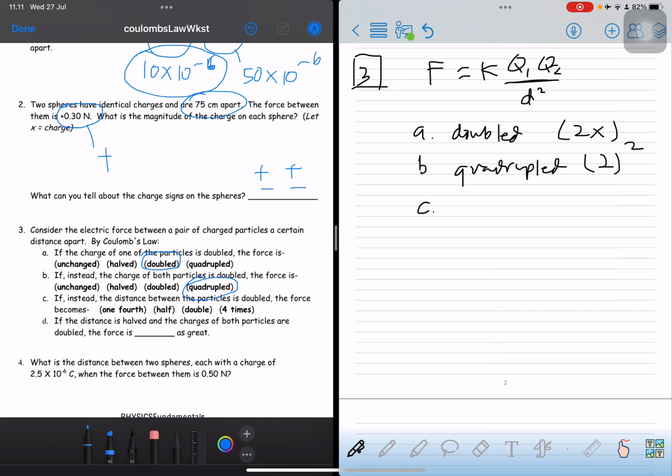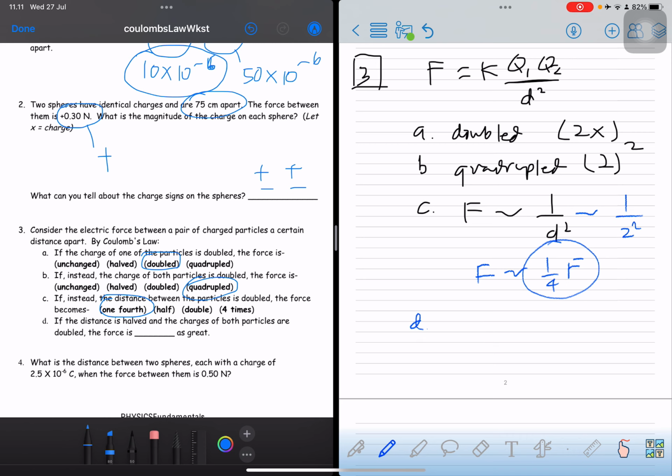C: if instead the distance between the particles is doubled, the force becomes... when D doubles, it means the force is 1/4, because the force is inversely proportional to D squared. So inversely with 2 squared, the force will be 1/4 of before.